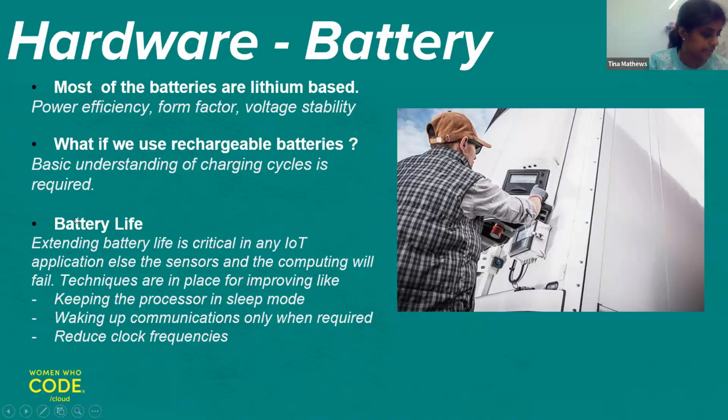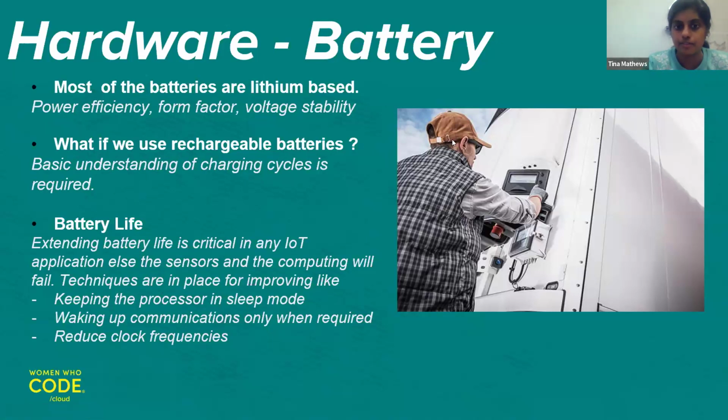Similarly, the battery life. You want to give out the power in a very effective way without degrading the battery capacity. There are various ways we could do it. One of the very common techniques is putting the processor in sleep mode, waking up only when it's required. For example, if it's a medical device, it needs to wake up more often because you need to send data every 20, 30 seconds.